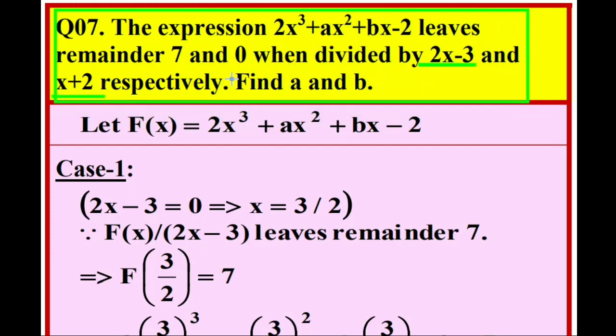Meaning, when this particular dividend is divided by 2x minus 3, the remainder obtained is 7, and when it is divided by x plus 2, the remainder obtained is 0. In the second case, the remainder obtained is 0. It means directly we can say that x plus 2 is a factor of the given polynomial.